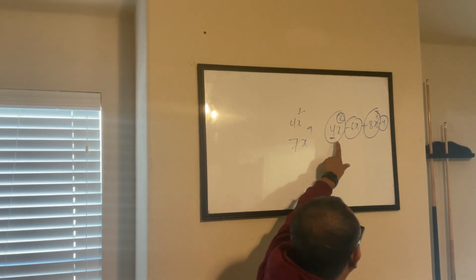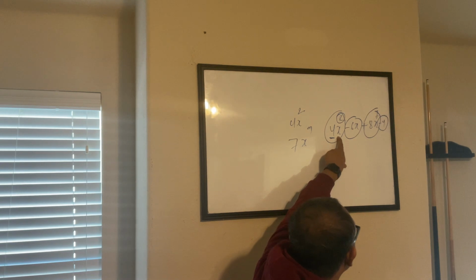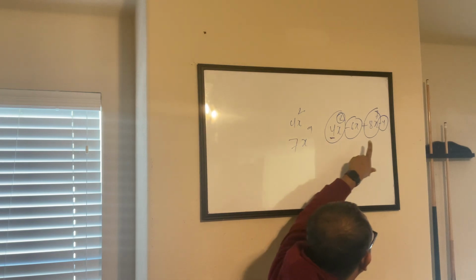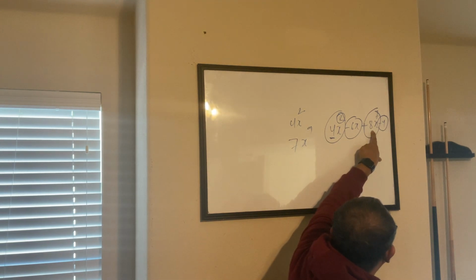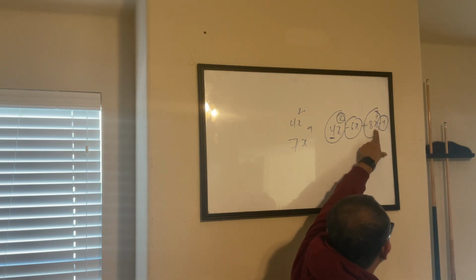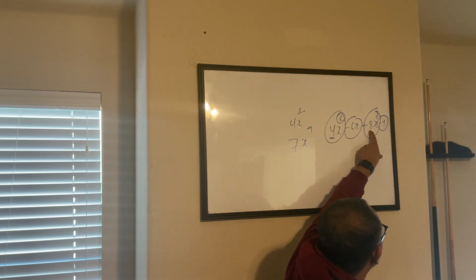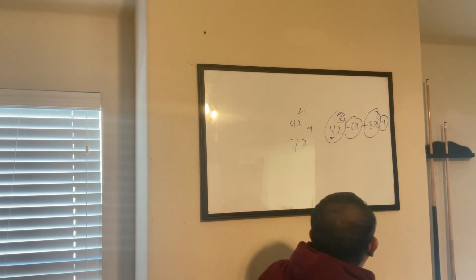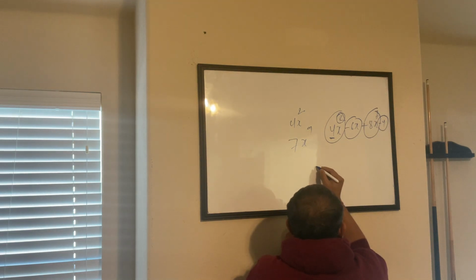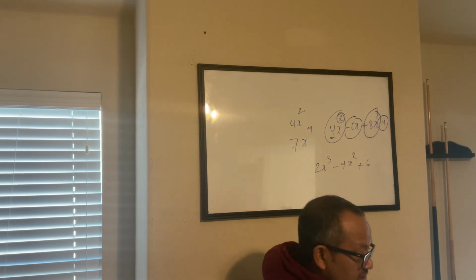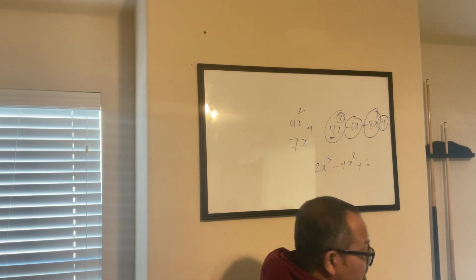So if you look at the first term, it has x as a variable, 2 as a degree, and 4 as a coefficient. Similarly, if you look at this term, 8x to the power 7, x is your variable, 8 is your coefficient, and then 7 is the degree or the exponent. So if you look at one polynomial, let's say 2x cubed minus 4x squared plus 6, this is an expression. What is the degree of this polynomial?